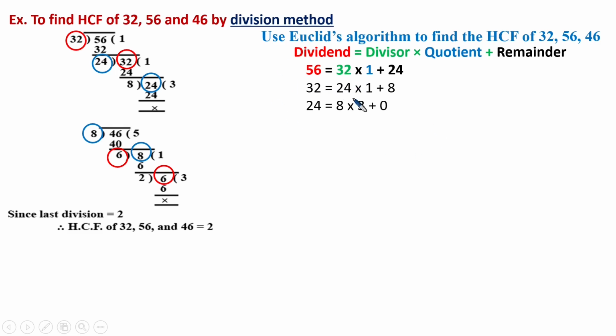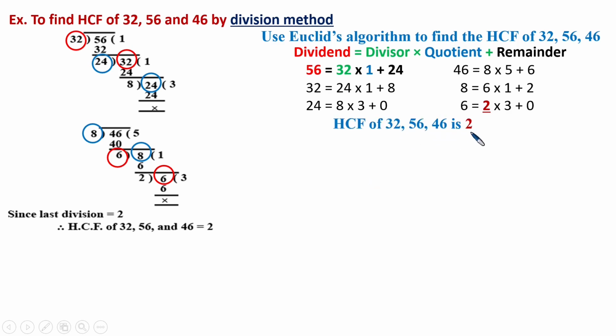Whatever I have got here, I have written here: 24 is 8 into 3 plus 0. And for 46, I again do the same thing, and you keep on doing it till you get 0. So the HCF of 56 and 32 was 8. Then for 46 and 8, you continue. Actually, this is also called Euclid's algorithm. So the HCF of 32, 56, 46 is 2.